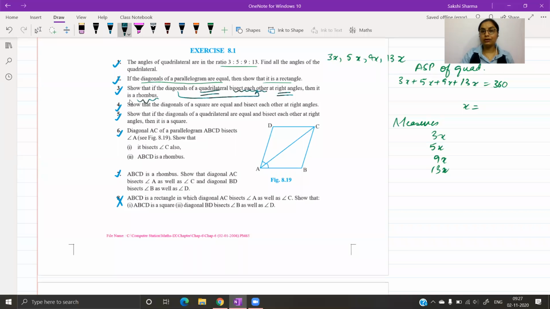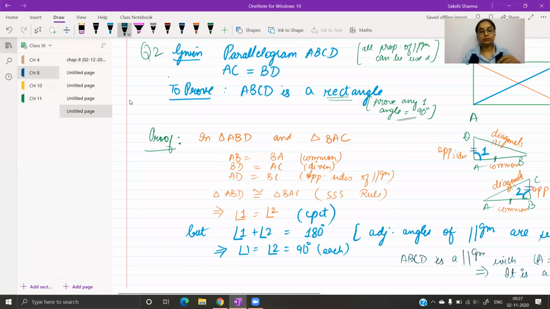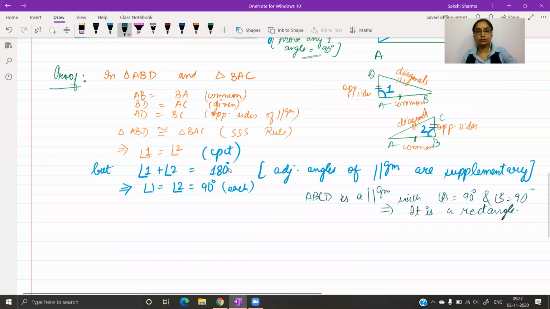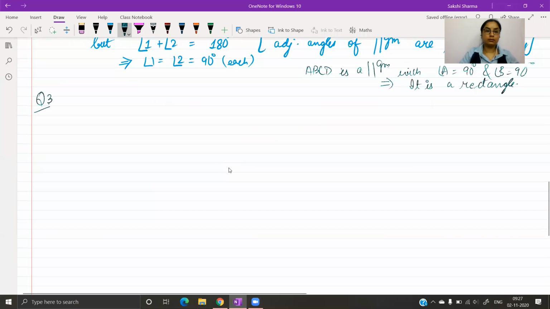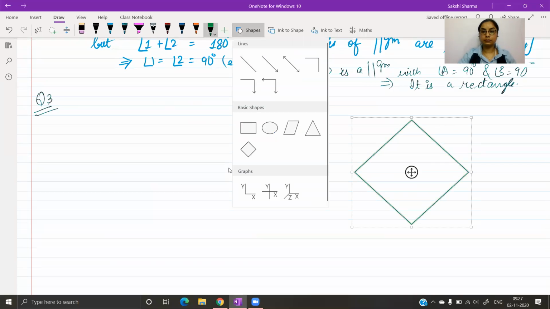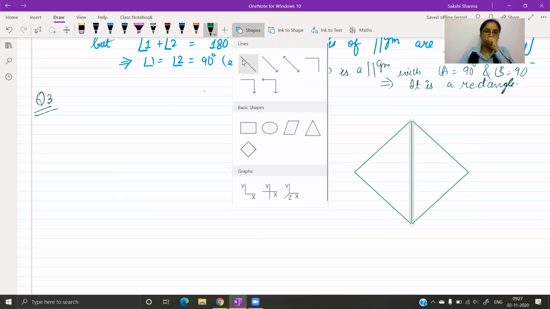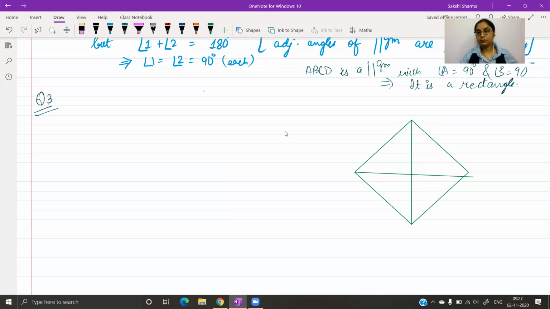Since we want to prove it a rhombus, I'm going to draw a rhombus. You can indicate whatever is given.